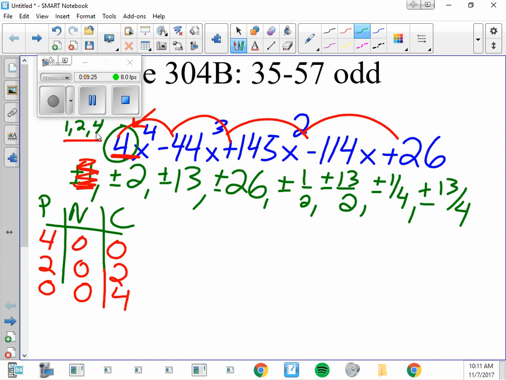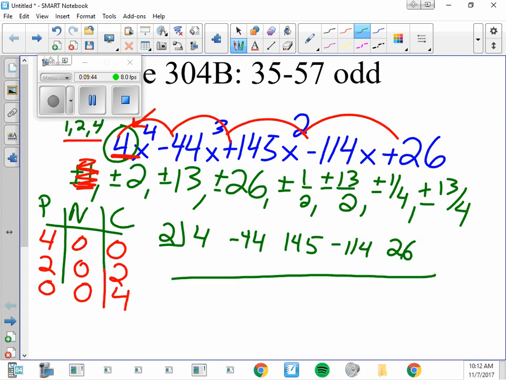All right. Let's try 2. None of the negatives, right? Am I missing any terms? Nope. 4, negative 44, 145, negative 114, and 26. Drop the 4. That turns into 8. Negative 36.